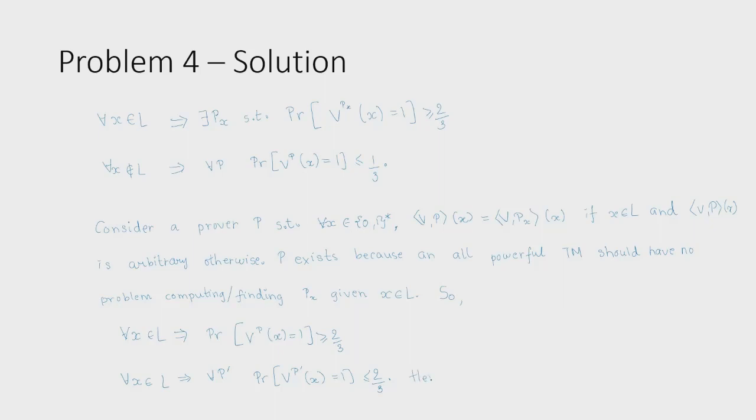Hence, L is in IP prime. And so IP is contained in IP prime, and we have proved both directions, right? So is this fine? Okay, then let's move on to the next problem.